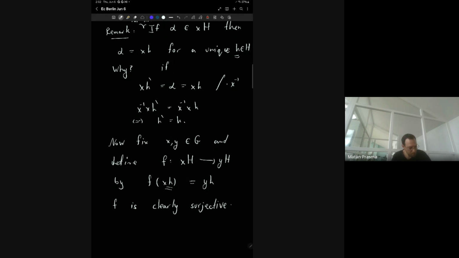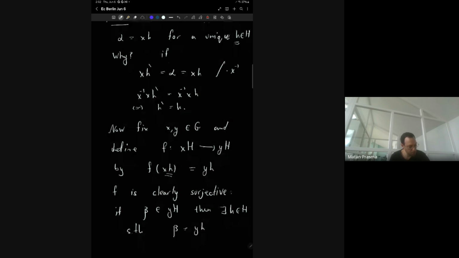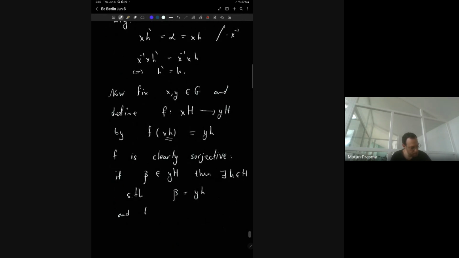If beta is an element in yH, then there exists some h in H such that beta is equal to yh. And then f of xh with this particular h will be yh, which is beta. So this is clearly surjective.